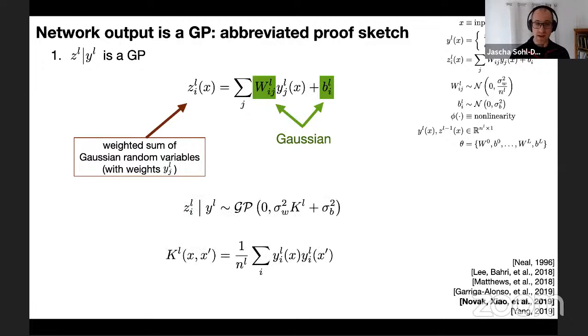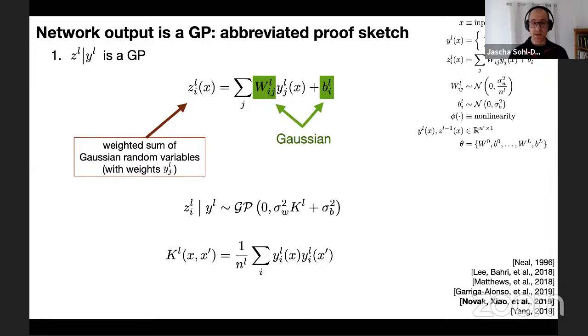The covariance or kernel of this Gaussian process depends on the second moment matrix KL of the preceding activations YL. That is, KL, x comma x prime, is the covariance between the activation vectors for inputs x and x prime at layer L.